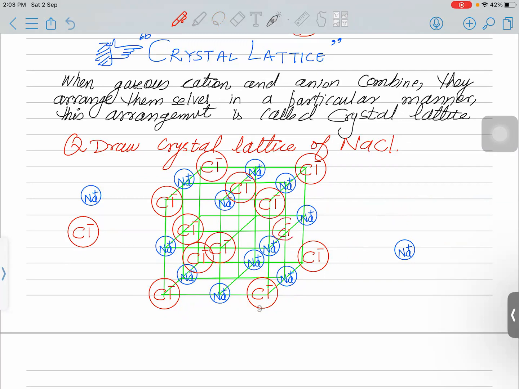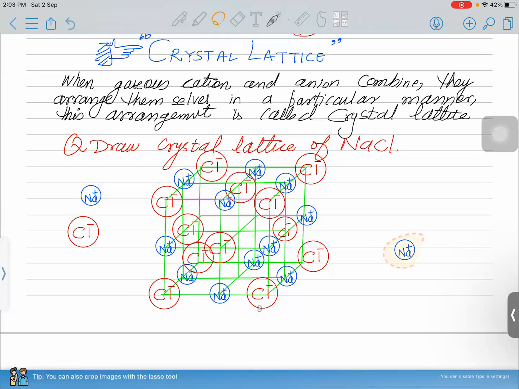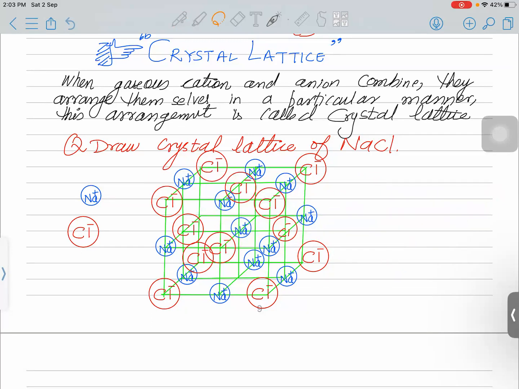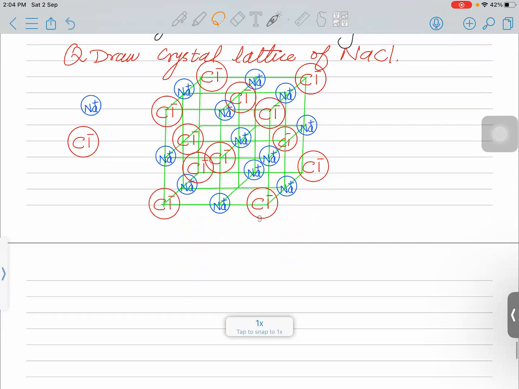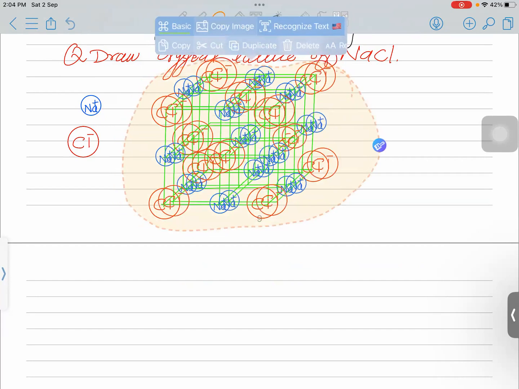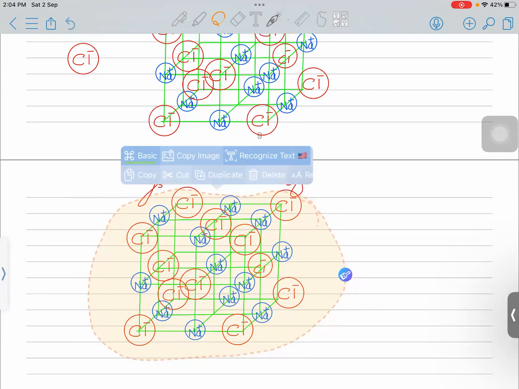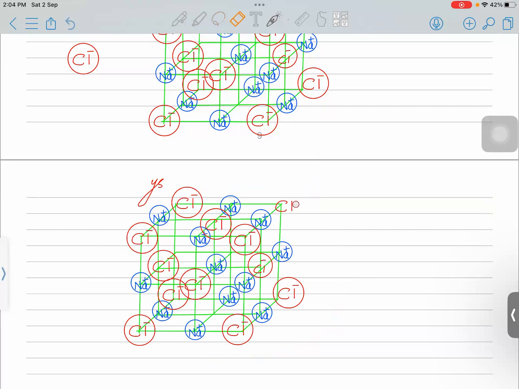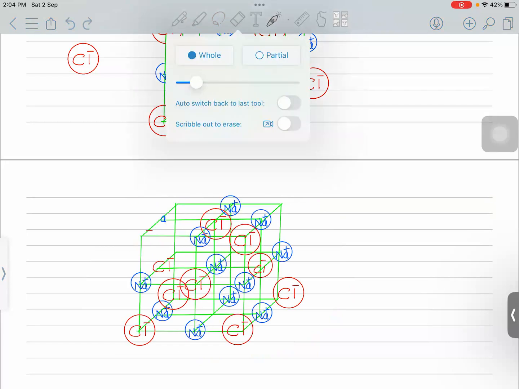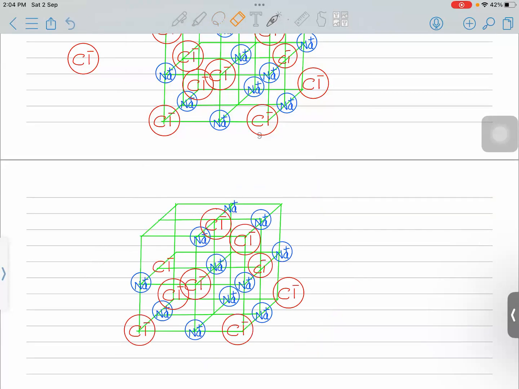Here we have chlorine. Here we need sodium. So this is the lattice structure of sodium chloride. Now you can look at it again. Again you have the lattice. Remove these signs.